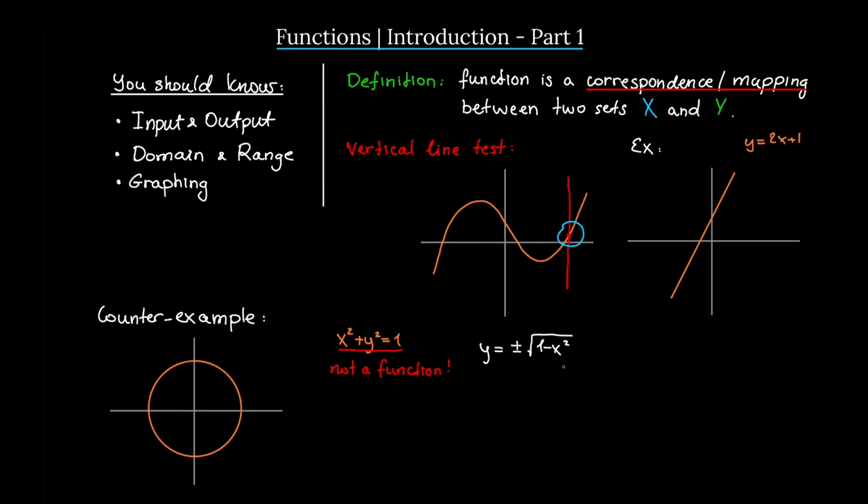And here you might notice that if I plug any value of x between -1 and 1, this expression will produce two different y values. Specifically, one would be positive and the other one would be negative. So that means this equation right here does not represent a function.